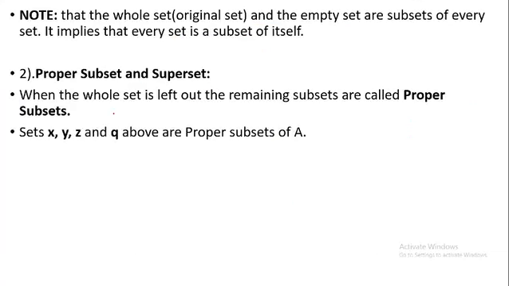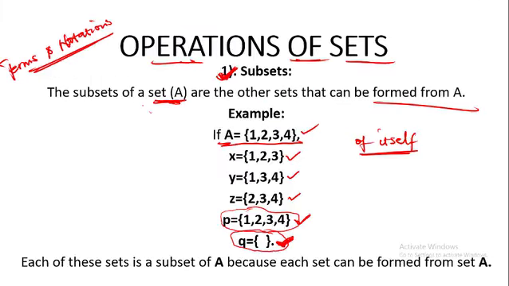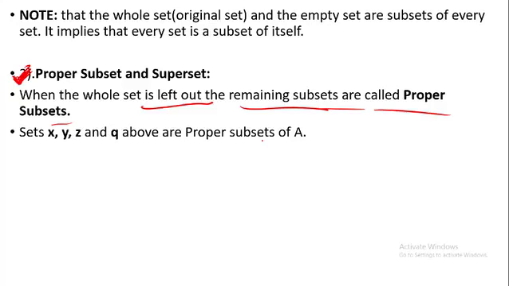Okay, then let's quickly look at what we call the proper subset and the super subset. When the whole set is left out, the remaining subsets are called proper subsets. What do we mean? When you remove this, every other set that remains is what we call the proper subset and super subset.